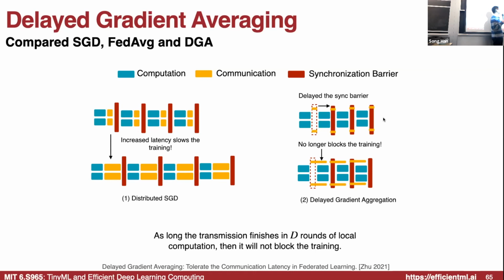So as long as the latency does not exceed this barrier, the total training time will not be impacted, so that we can overlap the communication and computation by using this stale gradient.